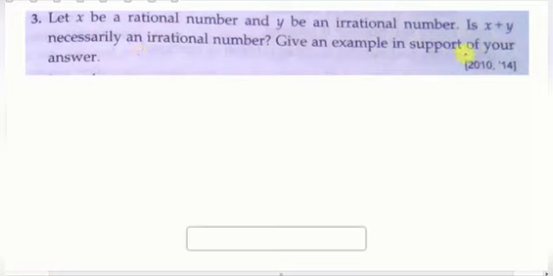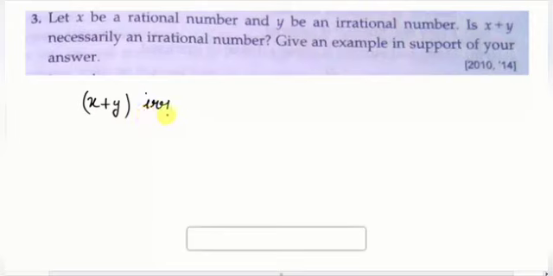Now this example is related to the homework that I have given you, that the sum of a rational and an irrational is always an irrational number. Give any example in which one number is rational and the other is irrational, and the sum is an irrational number. Here you only have to give an example, but in the homework you have to prove that the sum of a rational and an irrational number is always an irrational number.